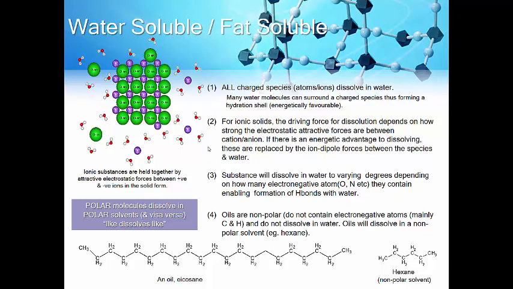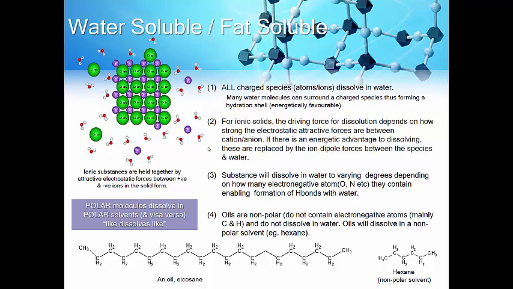Substances will dissolve in water to varying degrees, and it depends on how polar that molecule is and how many hydrogen bonds can be formed between that molecule and water. The things that make something polar are electronegative atoms.